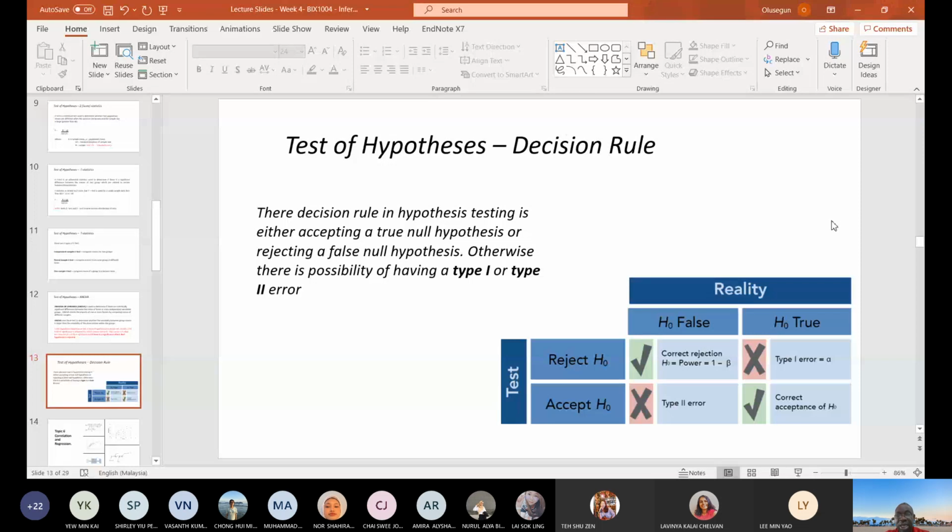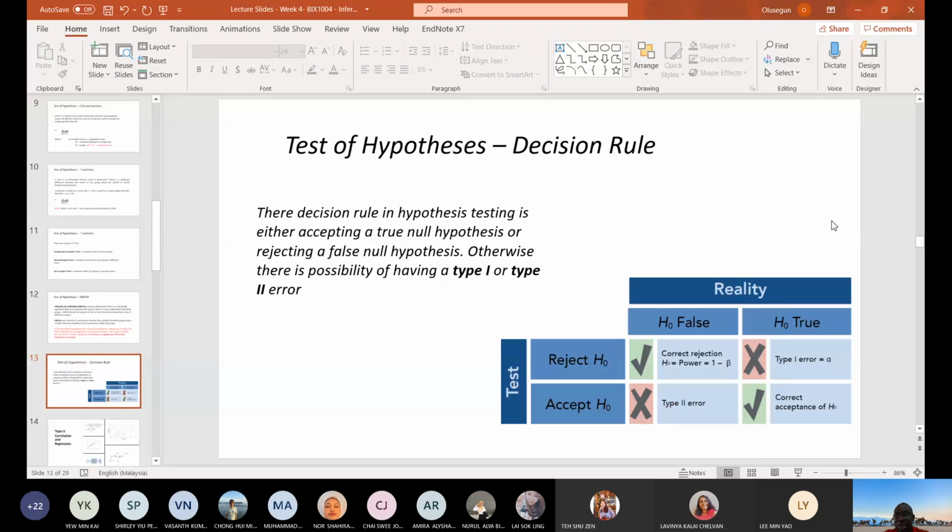What it means is that there can be a true hypothesis that is going to be rejected, or a false hypothesis that is going to be accepted, depending on the analysis. And if that happens, we have either type 1 error or type 2 error.